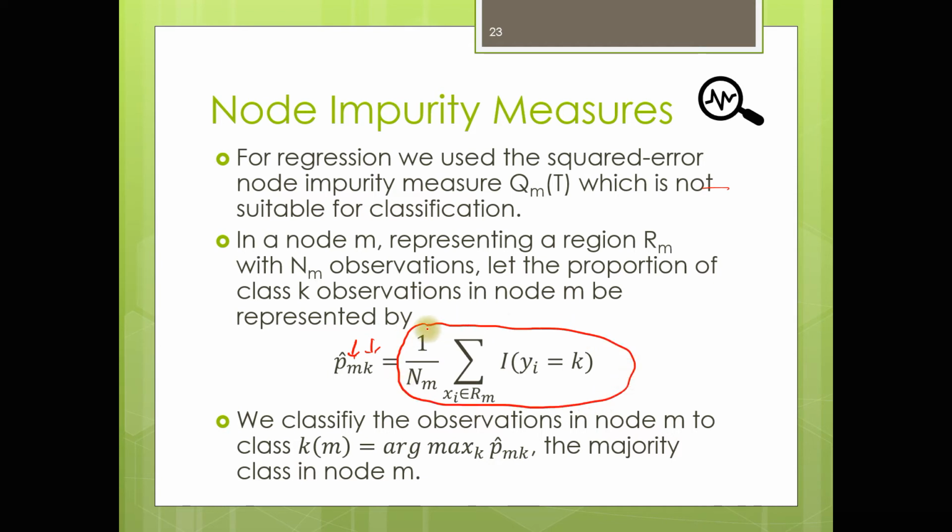to this. That is, you take the sum of the indicator function that you have here. What does this indicator function do? It basically returns 1 for all values of y equal to k. Otherwise, it returns 0.